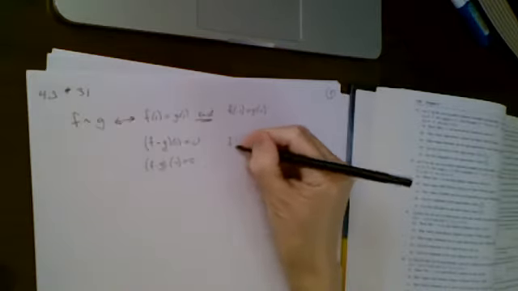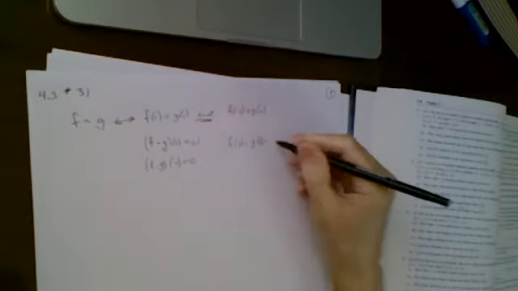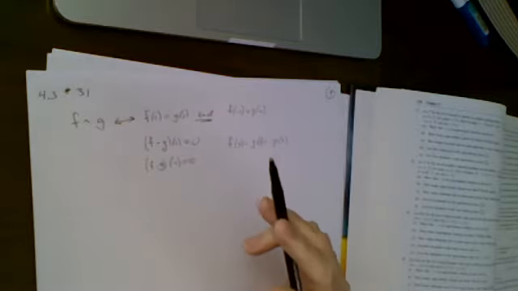That means f minus g is a polynomial times, well, what's the simplest thing that has both 1 and negative 1 as a root? x squared minus 1.